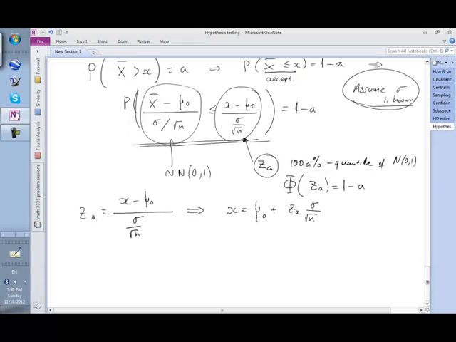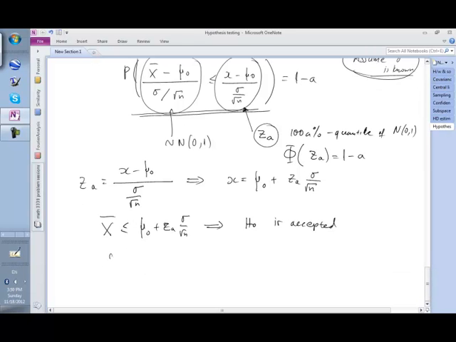So the decision rule is the following: x less than or equal to this, h sub 0 is accepted. Otherwise, h sub 0 is rejected, and if h sub 0 is rejected, you accept the alternative hypothesis.